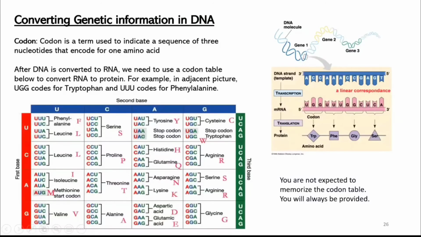Now comes the part which is important for you to understand from your quiz and exam point of view. So let's pay a little bit of attention. What is a codon? A codon indicates a sequence of 3 nucleotides that code for only one amino acid. So how does that happen?